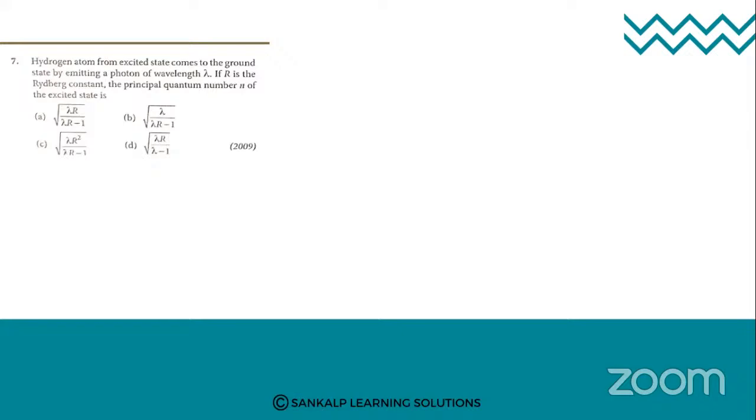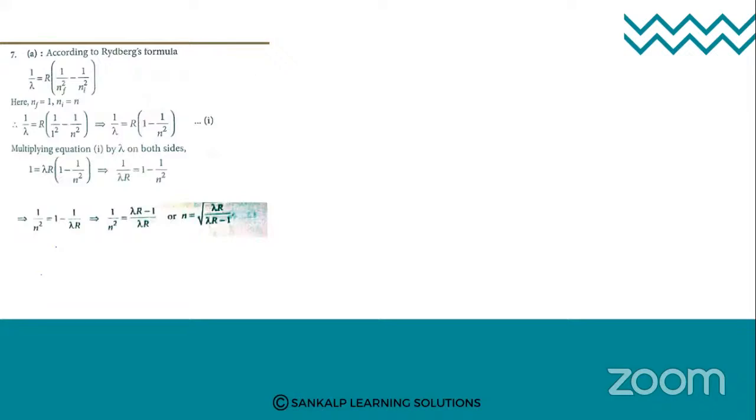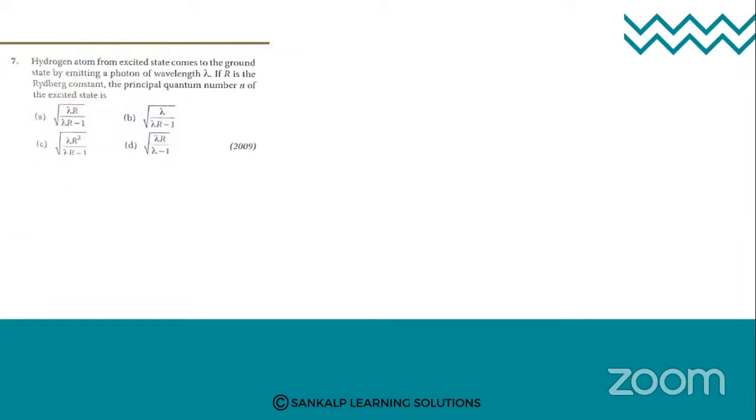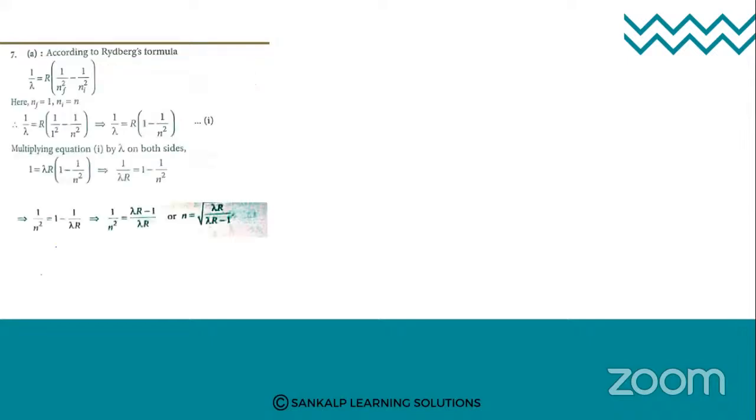So here we need to write the expression for the principal quantum number. According to Rydberg's formula, 1 by lambda is equal to R into bracket 1 upon nf square, that is final, minus 1 upon ni square. As they have specified, it is the transition from excited state to the ground state. Therefore, the excited state ni will be n, and the ground state nf is equal to 1.